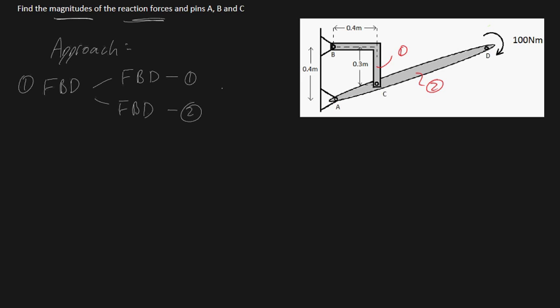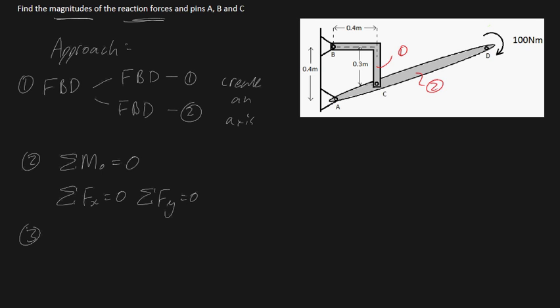In the process of doing that, out of necessity, we will also need to create an axis so that we can quantify what we mean by positive and negative when we're talking about directions. Once we've done that, we can analyze the free body diagrams using two main formulas: the sum of moments around any point is equal to 0, the sum of forces in the x direction is equal to 0, and the sum of forces in the y direction is equal to 0.